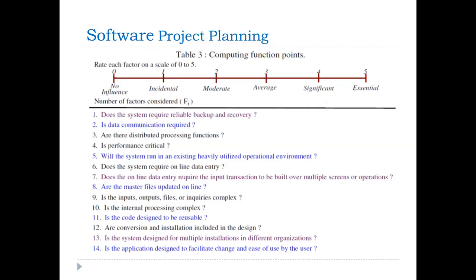So you need to understand the scale. Suppose data communication is not required, that means no influence, and the value of this adjustment factor is 0. Suppose performance is essential, what is the meaning of essential?